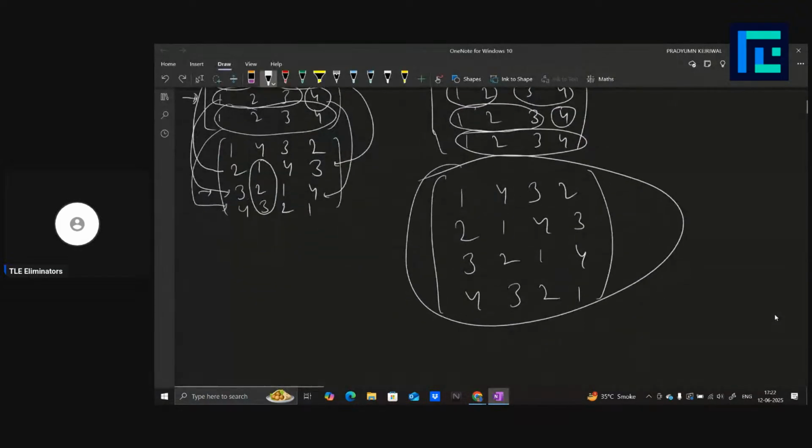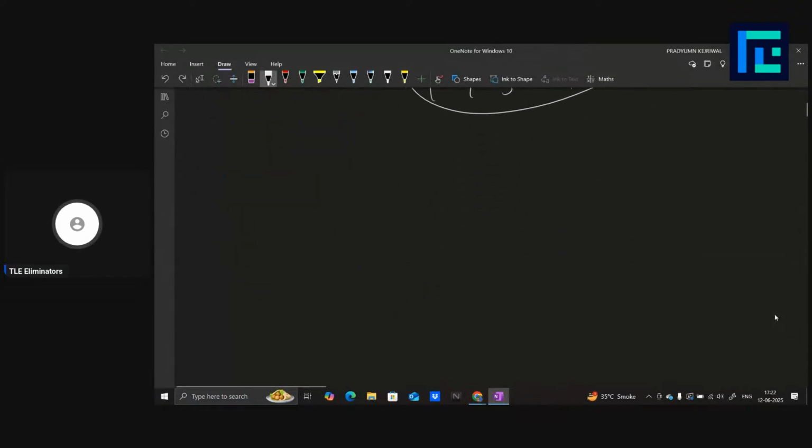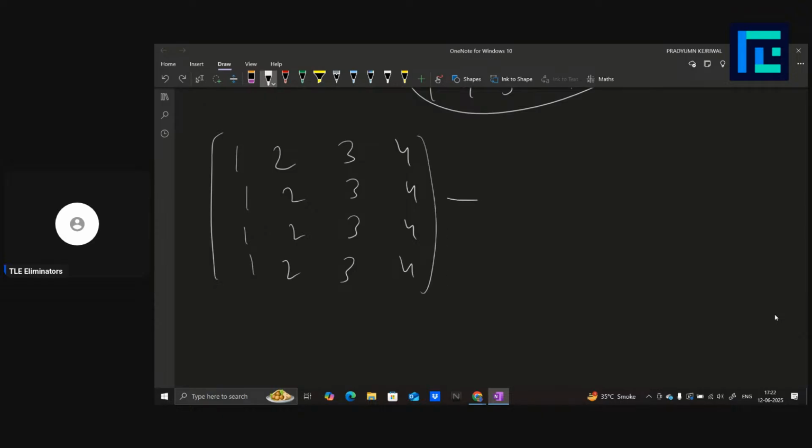Let me go over what I just did here once more. I have to convert this into a permutation.